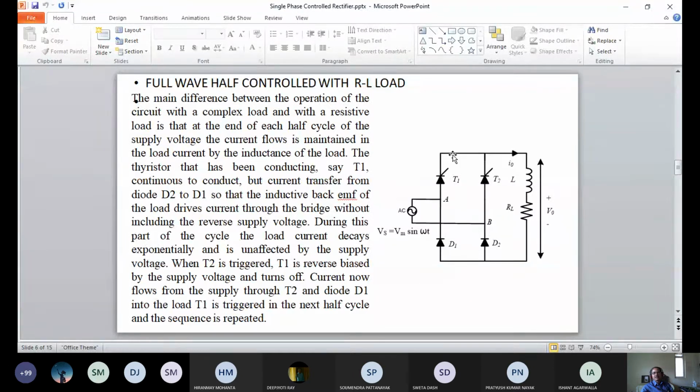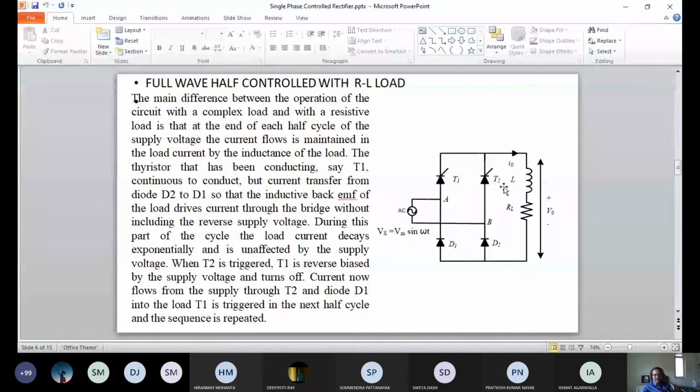RL, D1, T1. So instead of the current flowing through a high impedance path, it will flow through a very low resistance diode, and the voltage drop will be less. Imagine a diode connected here. It is forward biased by the induced voltage of the inductor, so it provides a very low resistance path.